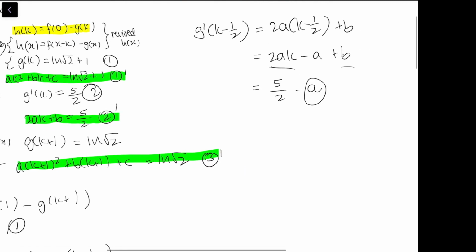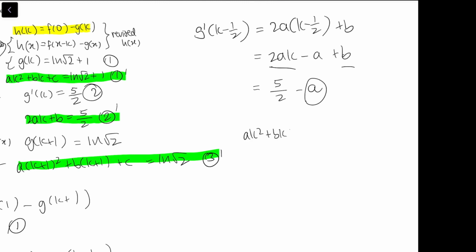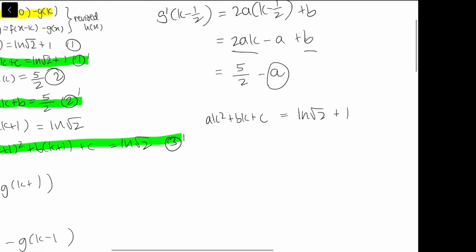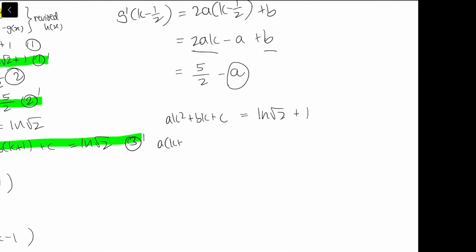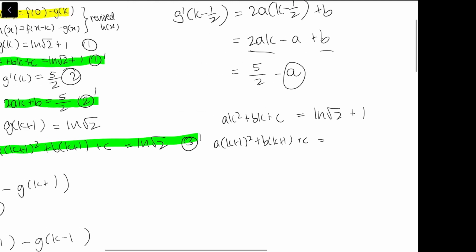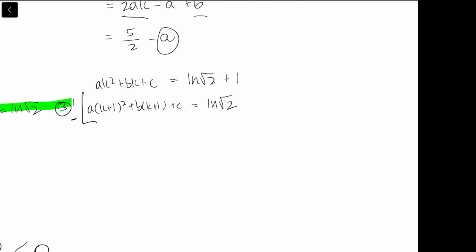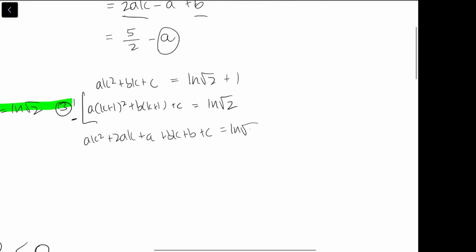So we can write that as ak squared plus bk plus c is equal to ln root 2 plus 1. And at the bottom we will write a of k plus 1 squared plus b of k plus 1 plus c is equal to ln root 2. So we're minusing these. So we'll write the second equation, we'll expand it. We'll get ak squared plus 2ak plus a plus bk plus b plus c is equal to ln root 2.